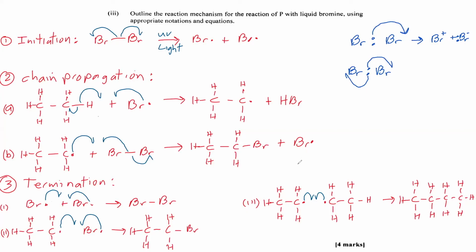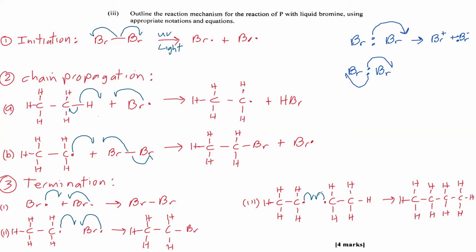Now, this radical would continue to remove more H's, but we're going to stop it by terminating all free radicals from the reaction. So these are all the possible ways you can terminate the free radicals. You could join Br radical with Br radical. Those two electrons would form one bond. We now have Br2. You could join a Br radical with the alkyl radical, and you bring them together to form a C-Br bond, and you eliminate these radicals.